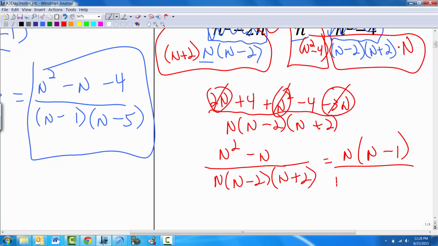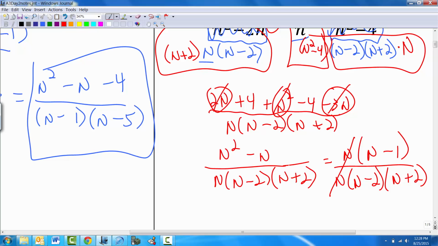And what's the value of doing that? Or what happens now? Now things cancel. So this cancels. Before I cancel, though, I should talk about domain again. And actually, the domain still sits right here, even from the original. What can't n equal? n can't equal what, everybody? 0, what else? Positive 2, and what else?